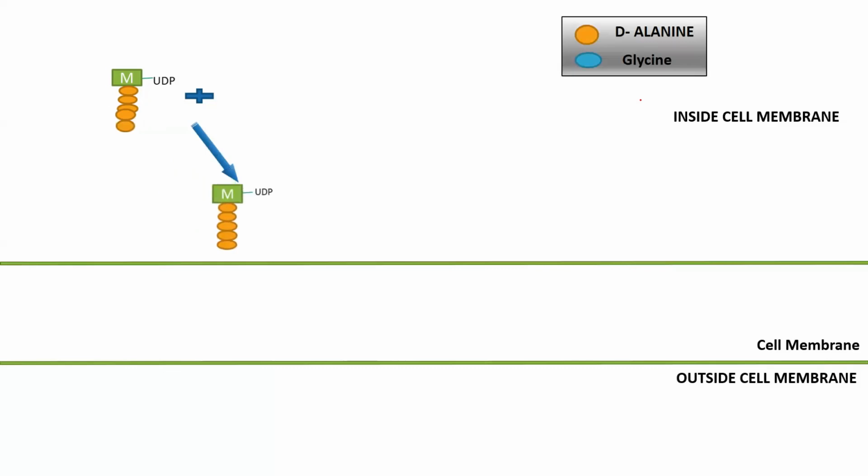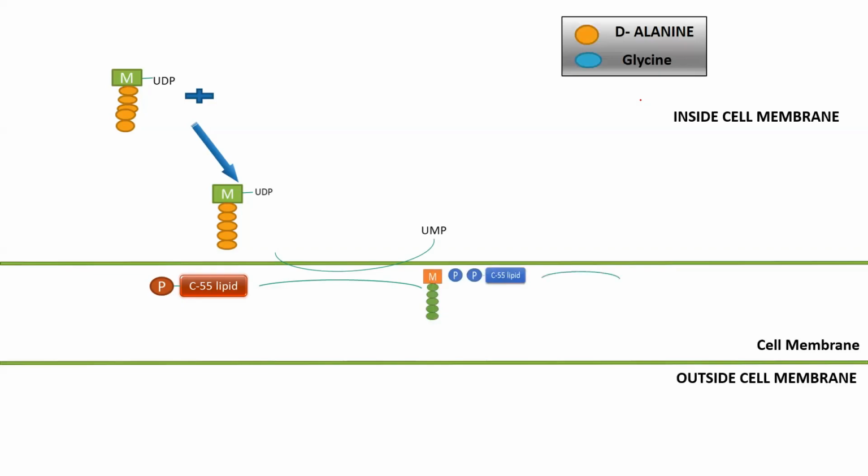This pentapeptide of N-acetylmuramic acid gets attached to the cell membrane having the C55 lipid carrier by phosphorylation. When this has occurred, it gets attached to the cell membrane with its C55 lipid carrier protein.